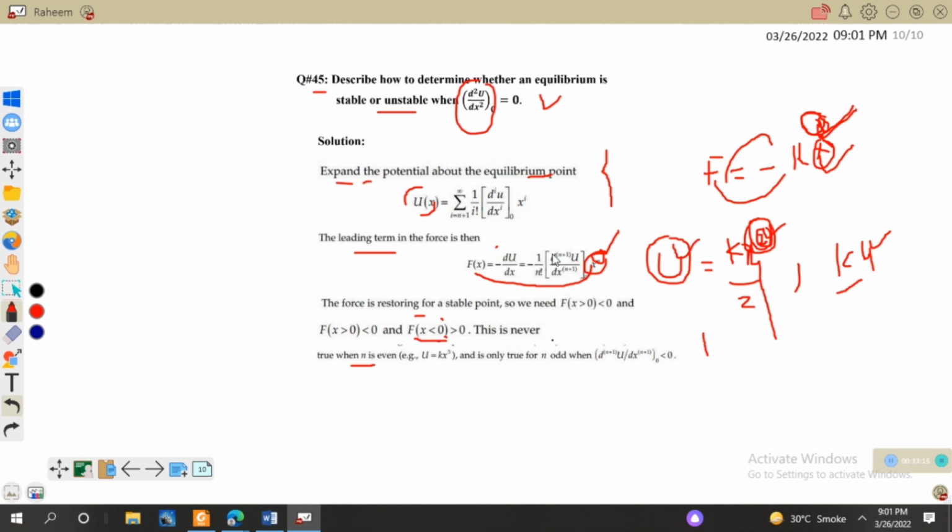But for force, if we have an odd power, this will be stable. If we have an even power of x, we will definitely have unstable equilibrium. So this is the point which we need to understand. At this point I will stop here, and if any problem is left, I will definitely solve it for you.